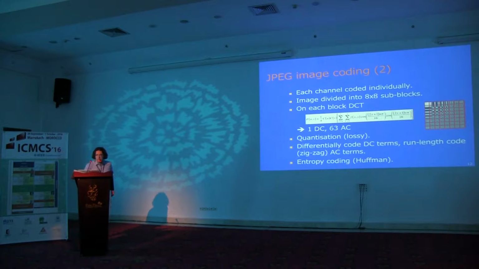What we do then is we take each of those channels individually, and it's individually processed and compressed. We take that image, divide it into smaller blocks, 8 by 8 blocks, and then we switch from the spatial domain into the frequency domain. The reason is that we can perform the compression better in the frequency domain.